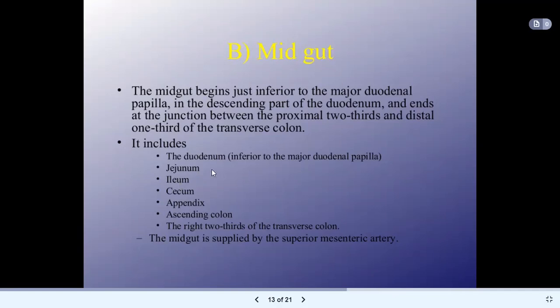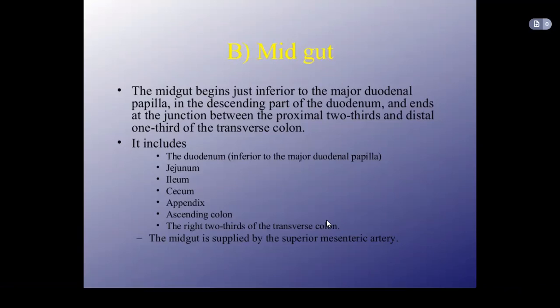So in the small intestine, you have your duodenum, your jejunum, and your ileum. And then in your large intestine, you have your cecum, appendix, and the ascending colon, making part of the midgut, and a little part of the transverse colon. But your descending colon and your sigmoid colon will be part of the hindgut.